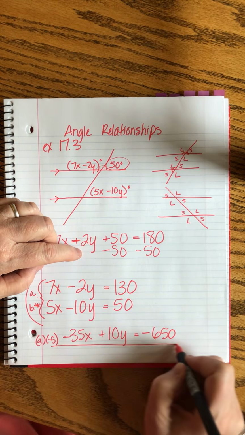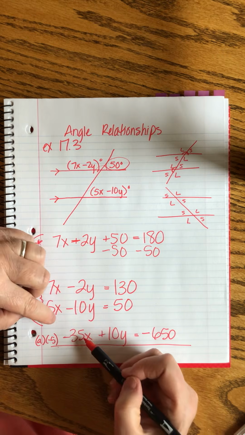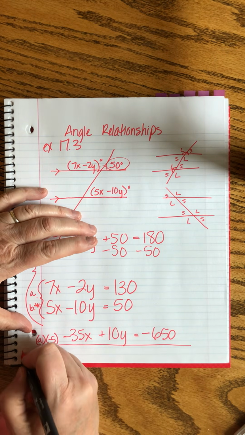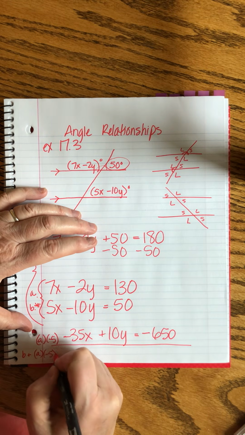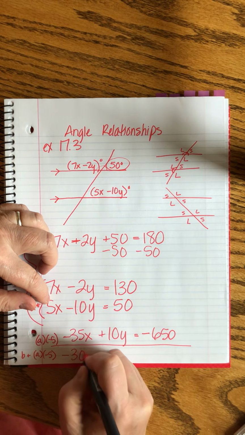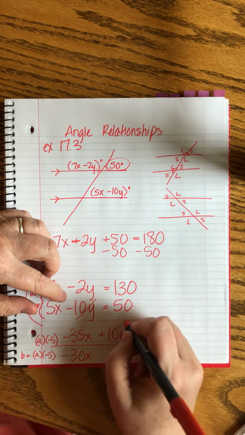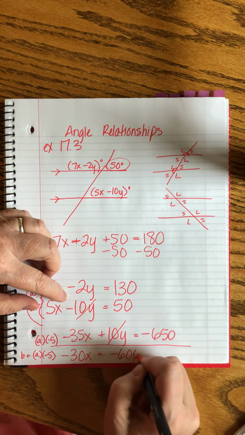Now I'm going to add these two together, right? So that'll be B plus A times minus 5, these two. So that gives me minus 30x, the y's cancel, equals minus 600.